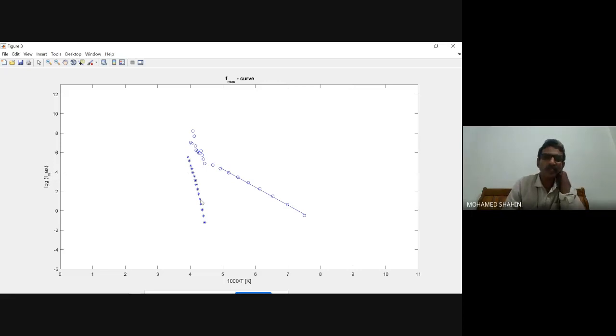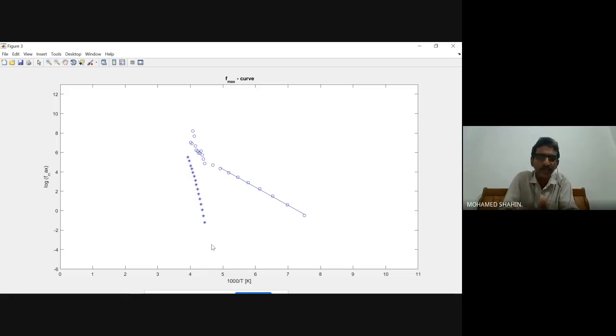Now, as you reduce the temperature, you can see that frequency is reducing or relaxation time is increasing. As you reach a particular temperature, you can see that the slope is negative, and at a particular temperature, the slope would be perpendicular to the x-axis.